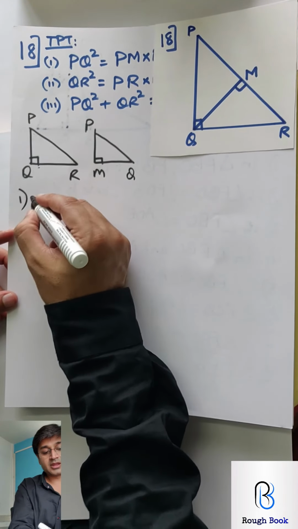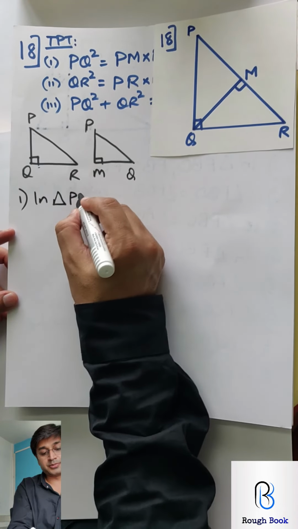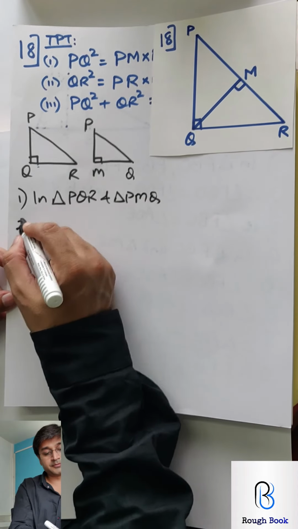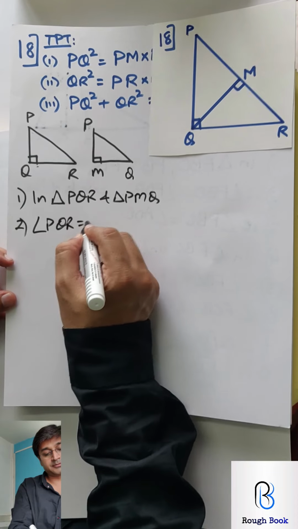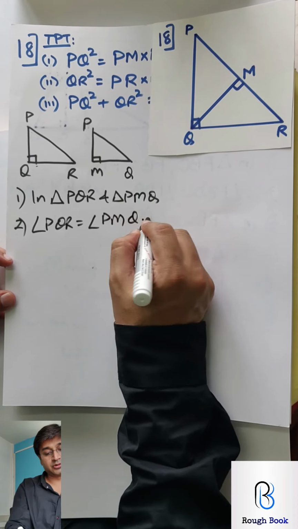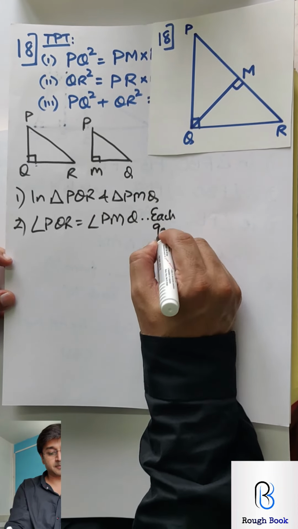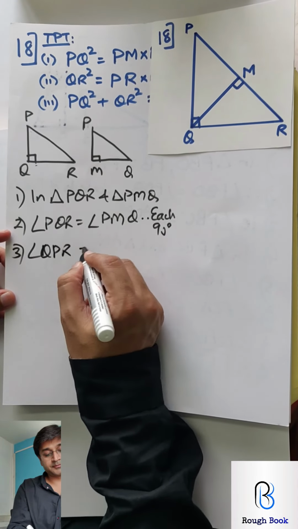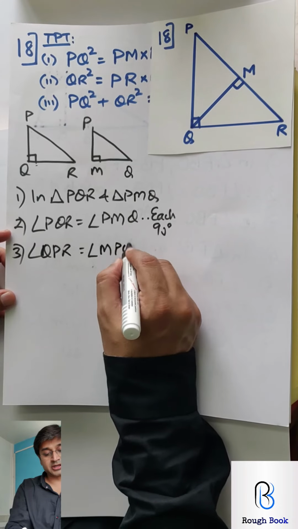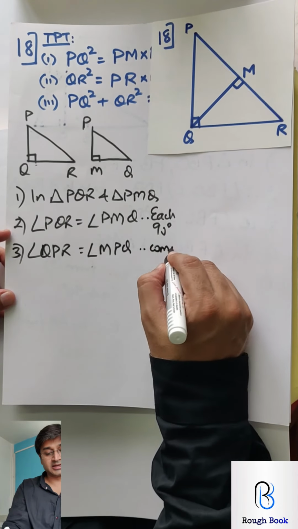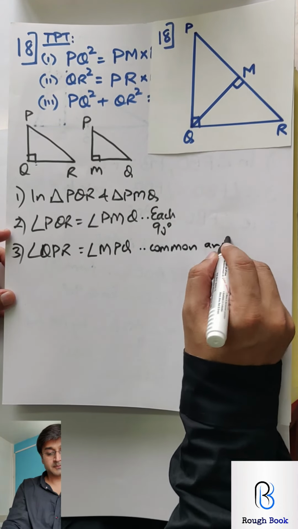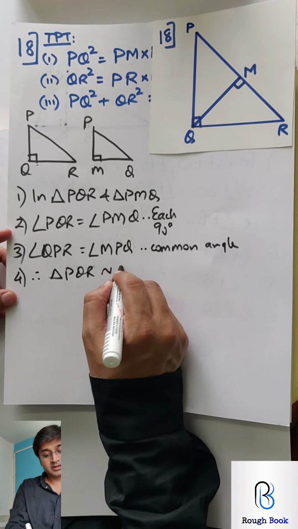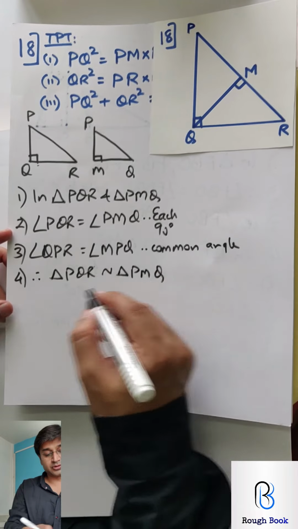Can you try it? In triangle PQR and triangle PMQ, angle PQR equals angle PMQ, each 90. Angle QPR equals angle MPQ, common angle, and therefore triangle PQR is similar to triangle PMQ.